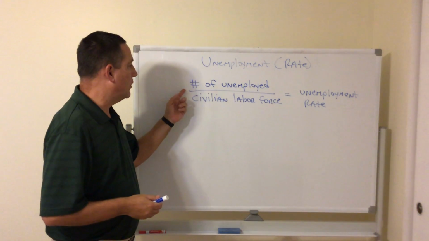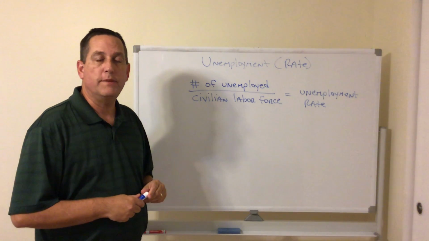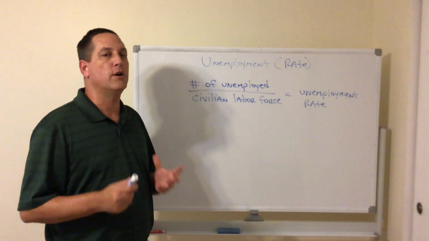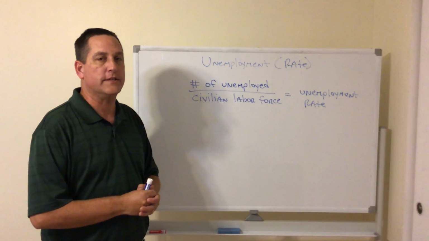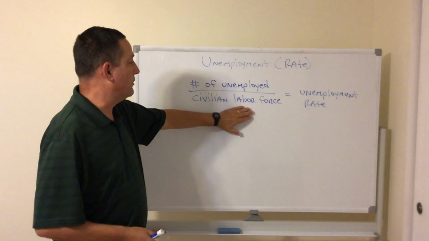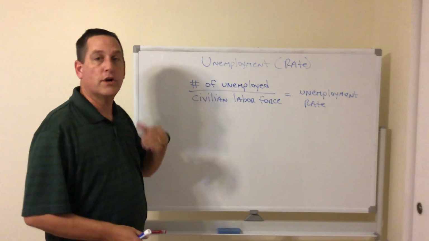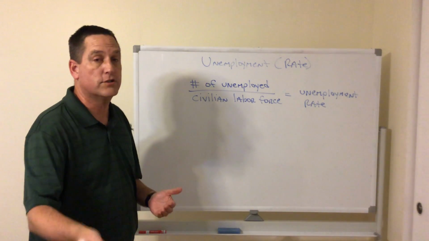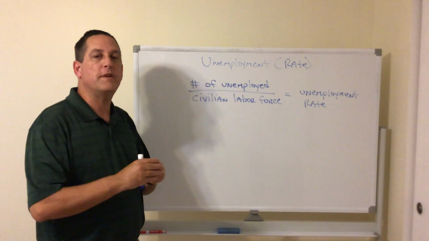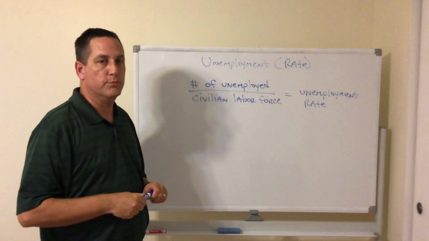Every month, the Bureau of Labor Statistics surveys 60,000 households across the entire United States. They ask those households how many people are part of the labor force and how many of those are unemployed, that is, actively seeking work. And then from that small group, they project it out on the entire group.